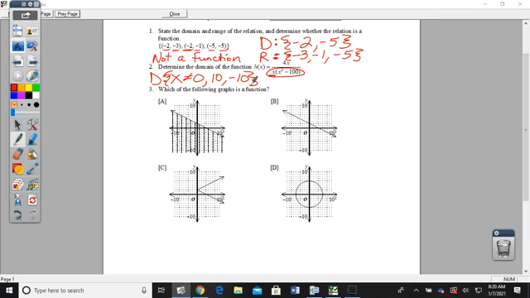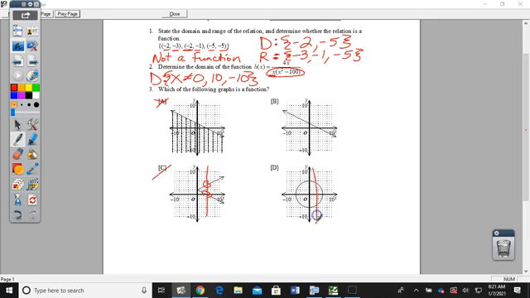All right. Number 3 just says which of the following graphs is a function. We're using our vertical line test. Anytime it's shaded, which this was shaded, it may not have shown up well on your paper, but this is what it's supposed to look like. You know that can't be it. That's not a function. This one, if I draw a vertical line, it touches how many times? Twice. It can only touch once if it's a function.